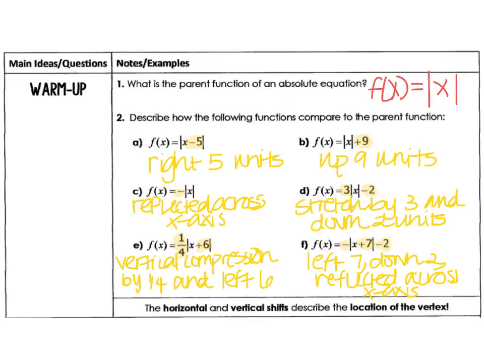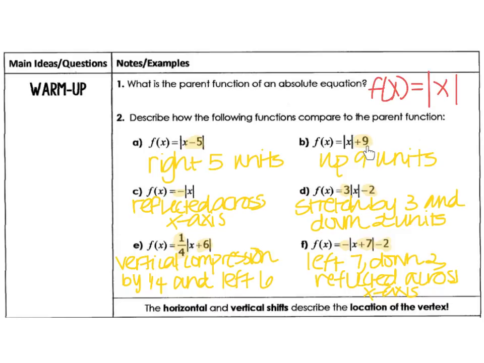All right, so for A, you should have gotten that it is shifting to the right 5 units because when we have -5 inside our absolute value bars, this would be x minus h. Therefore, this tells us it's moving to the right 5 because it's inside the absolute value bars. For B, it's on the outside of the absolute value bars, so when it's on the outside, that tells us up or down.